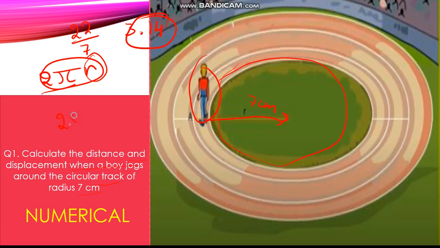So 2 into 22 upon 7 into 7. We can cancel 7 and 7, we get 1. Then we multiply 2 into 22, we get 44. Hence, the circumference of this circle is equal to 44 centimeters.